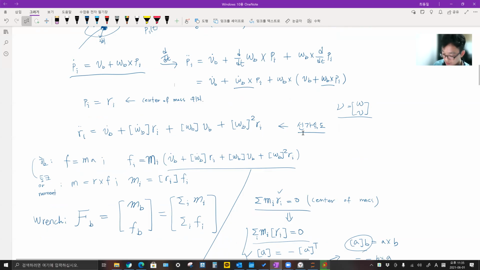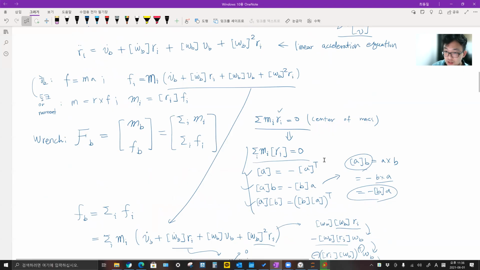And this one is the linear acceleration equation. And using this linear acceleration equation, we can calculate force.